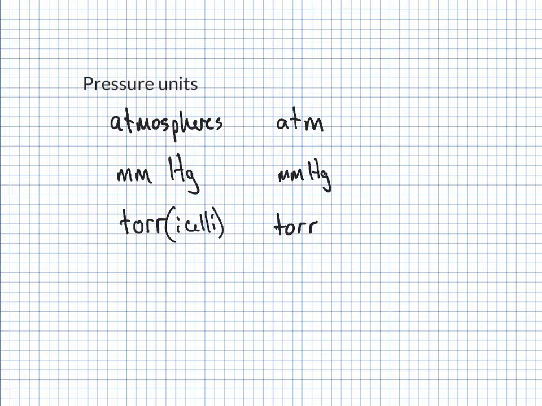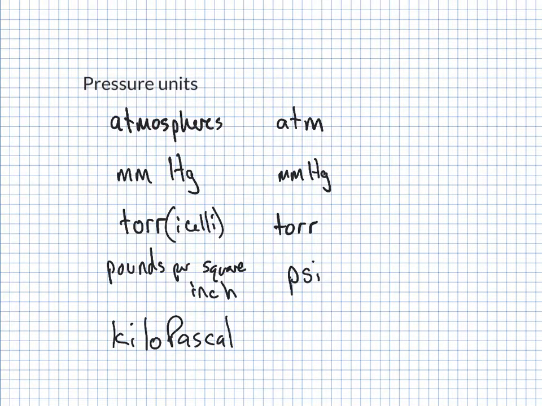Then you have pounds per square inch. That's what you're going to see on tires, basketballs, things like that. That's what PSI means. And then there is kilopascals, the actual SI unit for pressure, and you'll see kPa.